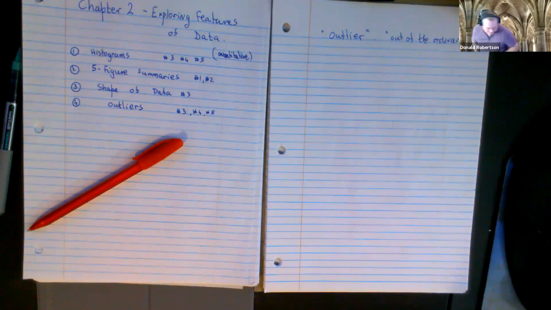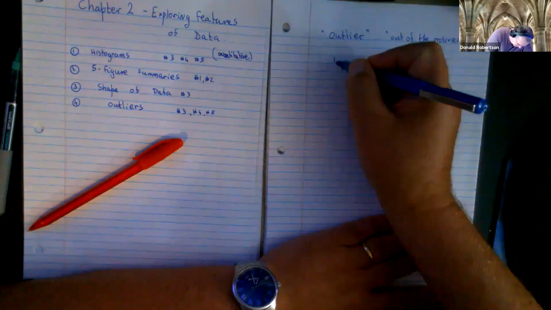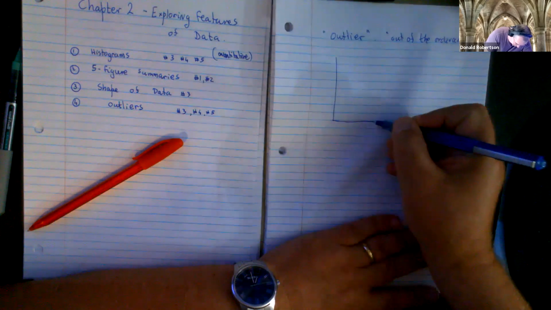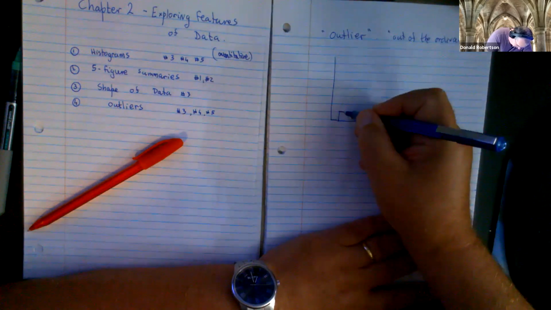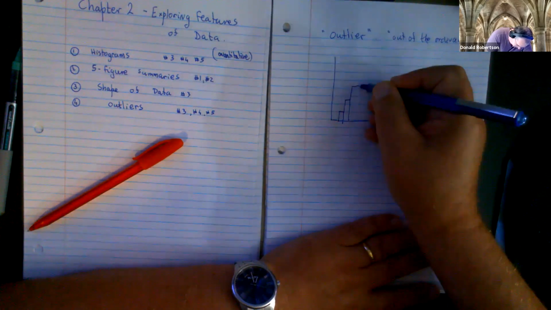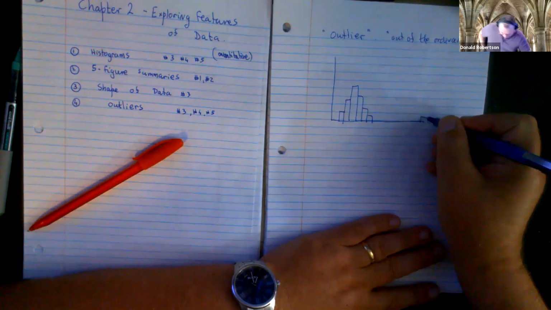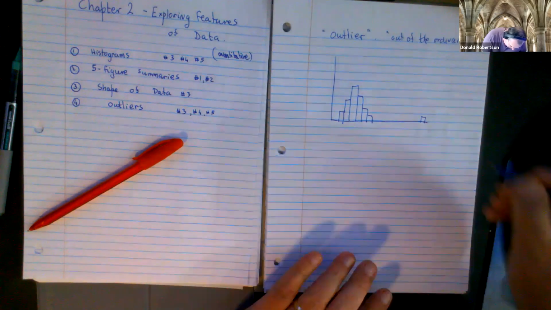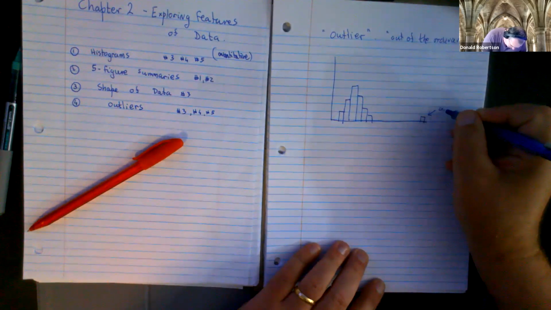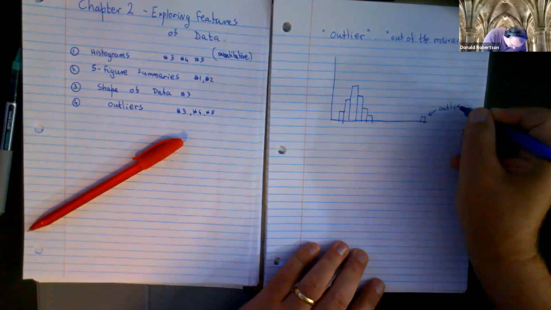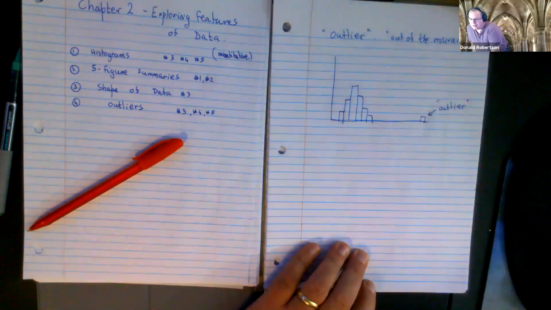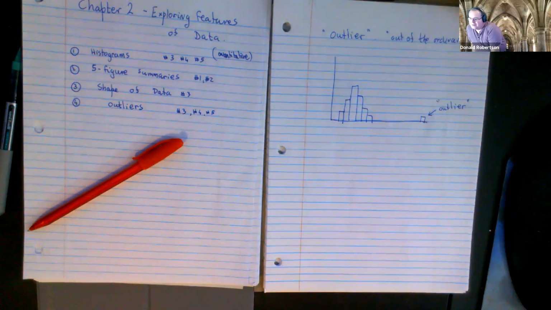Now, I want you to imagine that I'm going to put in rectangles this time. Mostly I don't like doing it because they take forever. Can you see my outlier? Out of the ordinary. He's on the outside.